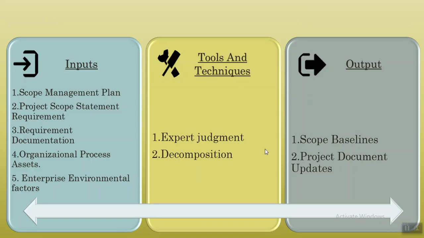The inputs are scope management plan, which is again the output of plan scope management process. Project scope statement, requirement documentation, organizational process assets, enterprise environmental factors. By enterprise environmental factors we mean industry specific WBS standards relevant to the nature of the project may serve as an external reference source for the creation of WBS.